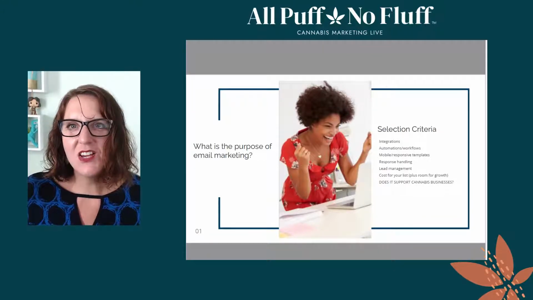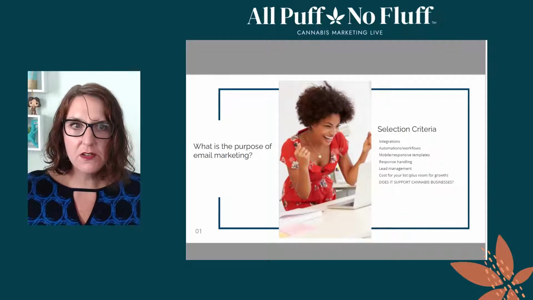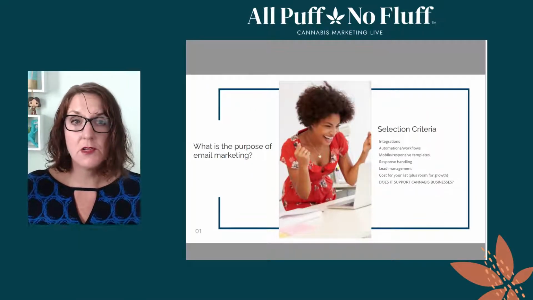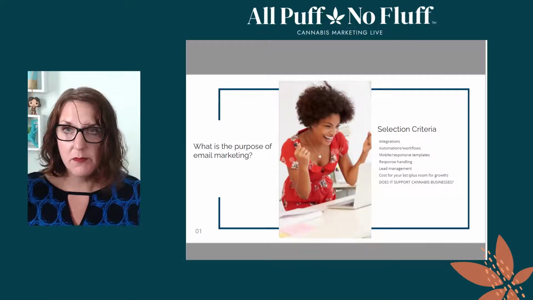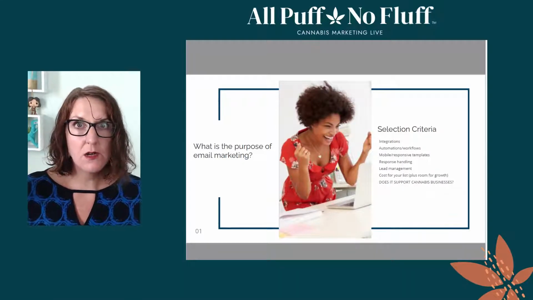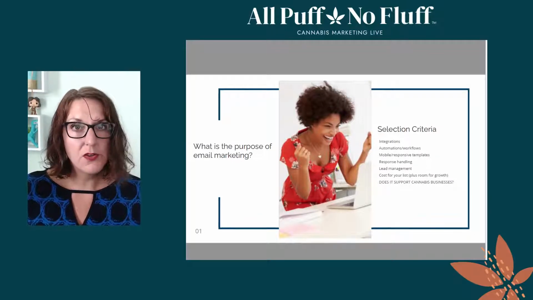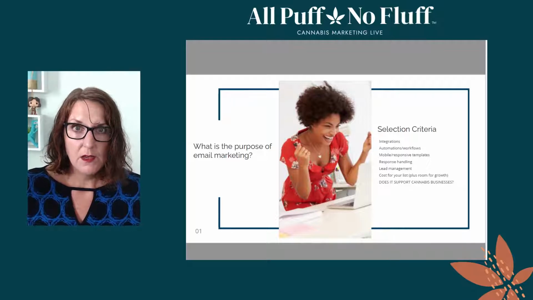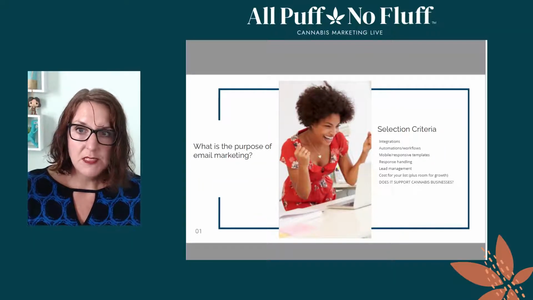So another selection criteria you want to consider, and this is less so because if people aren't doing it, they shouldn't be in business, but making sure that your emails look good on mobile, because most of us are looking at our phones a lot more. Make sure that you know how they're handling their responses and what happens there.